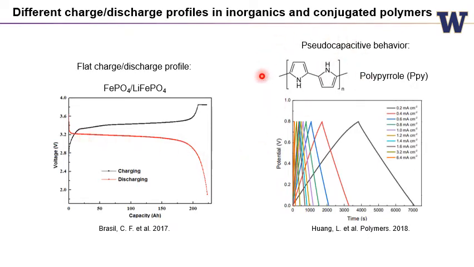Conjugated polymers, on the other hand, like this polypyrrole, have these triangular shapes that are indicative of supercapacitor or pseudocapacitive behavior. I'm just going to set this aside for now, but I'm going to come back to this later when talking about PB2TEG.